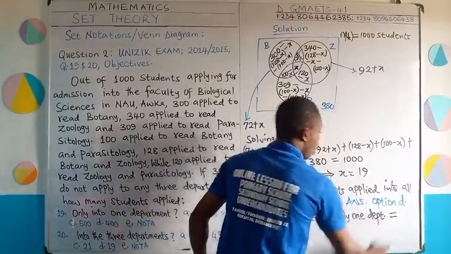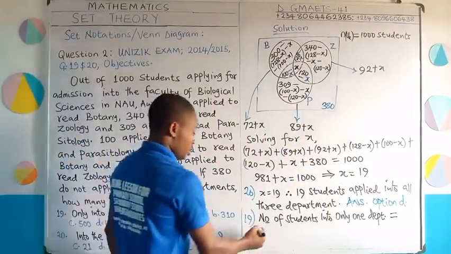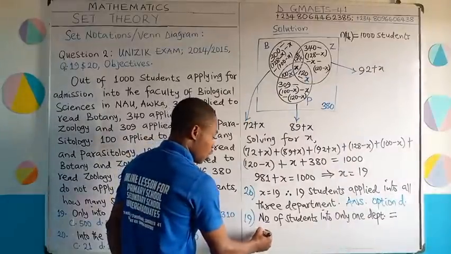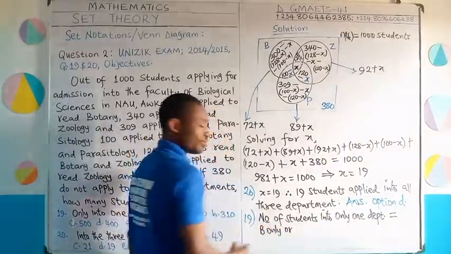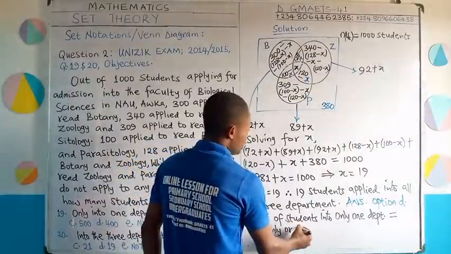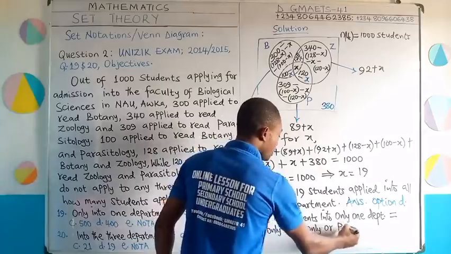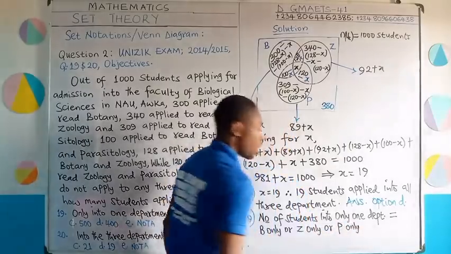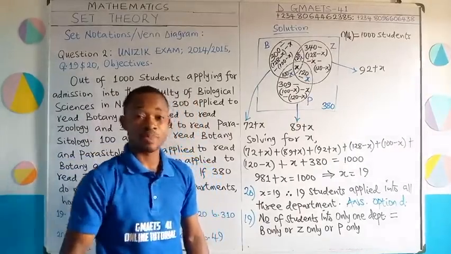So that is going to be equal to the number of students that applied only to botany, or zoology only, or parasitology only. And of course, when you have or, the interpretation of that under probability is plus.